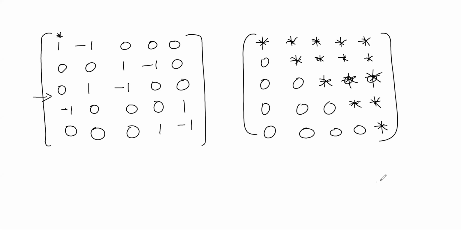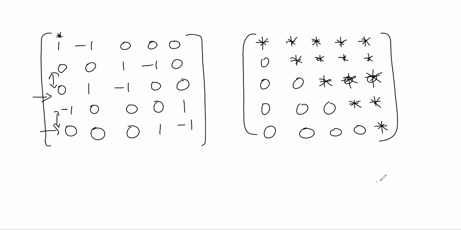So I'll shift the third row to the second position, and the second to the third. The fifth row has three non-zero elements, so I'll shift it to the fourth row and the fourth one to the last. So these two I will interchange and these two I will interchange.